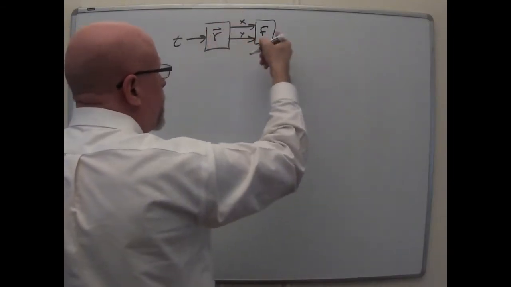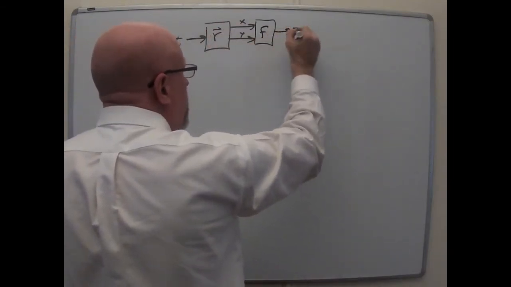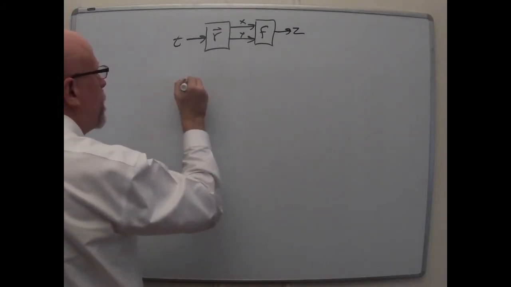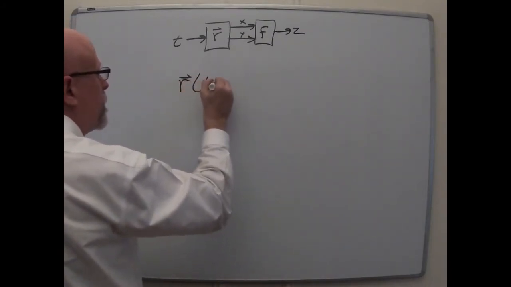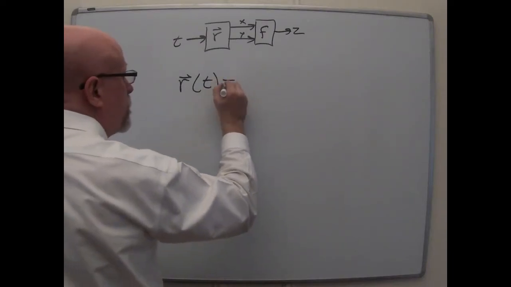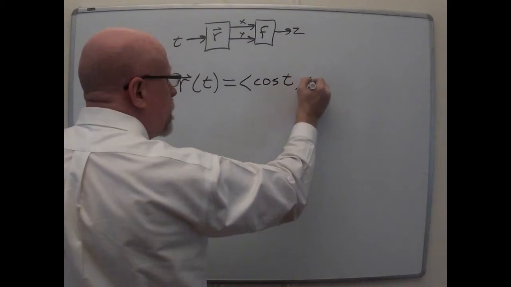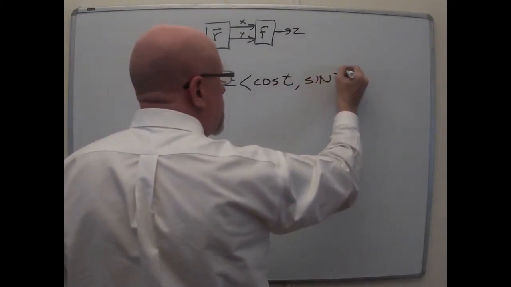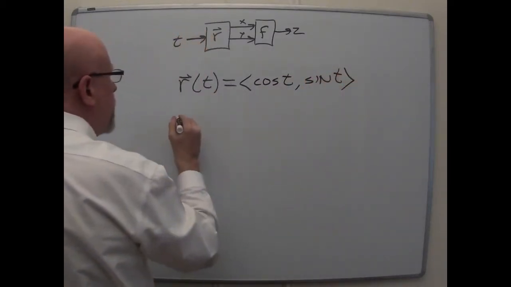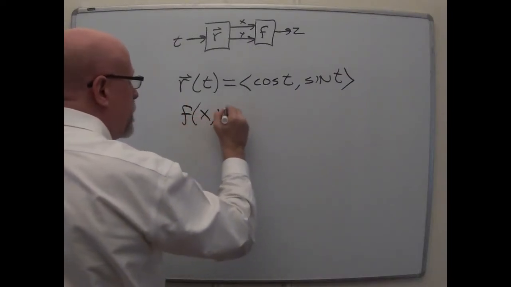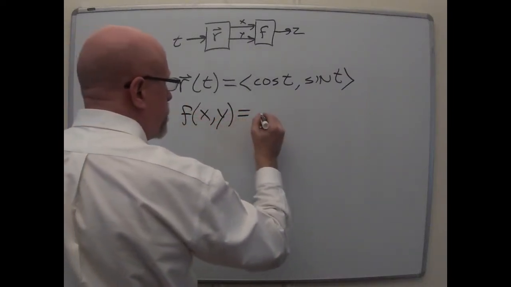I'm thinking of them as r and f, and we get z as the output. So what I want to do in particular is r of t is motion around a circle, so cos t, sine t. And f of x and y is just take the product of them.